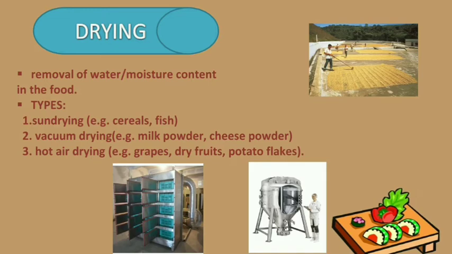With modern food dehydrators, foods such as fruit leathers, fruit chips, dried nuts and seeds, and meat can all be dried year round at home. So how to dry food? It may be sun drying, vacuum drying, or hot air drying.